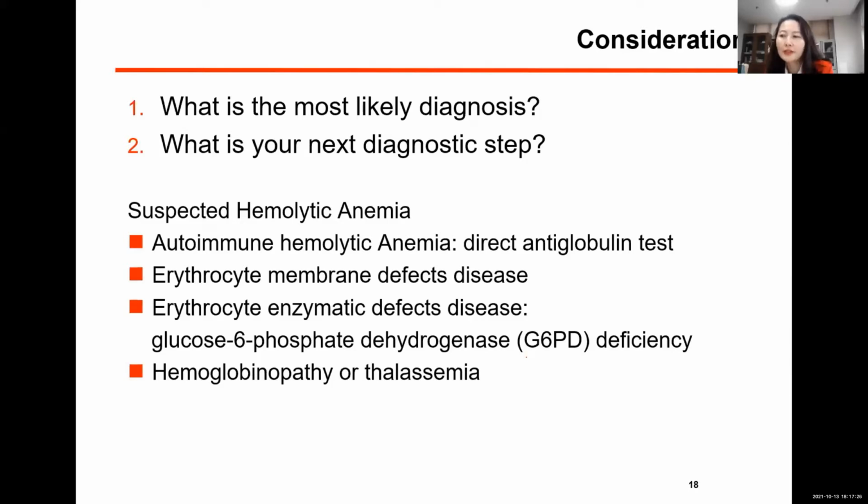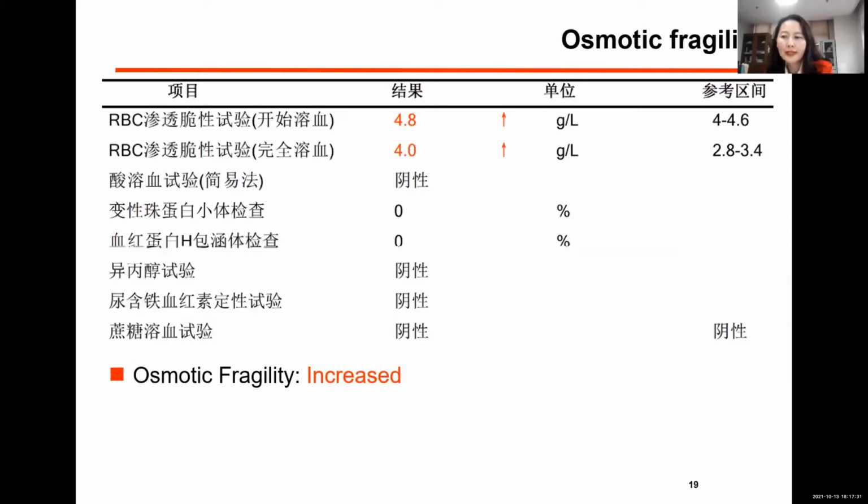Now he has some further tests to do. His osmotic fragility was increased. The osmotic fragility test confirmed the presence of osmotically fragile cells, but does not distinguish between hereditary spherocytosis and autoimmune hemolytic anemia or other causes of spherocytosis.